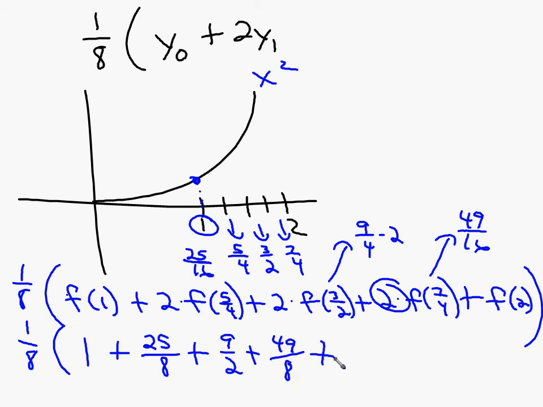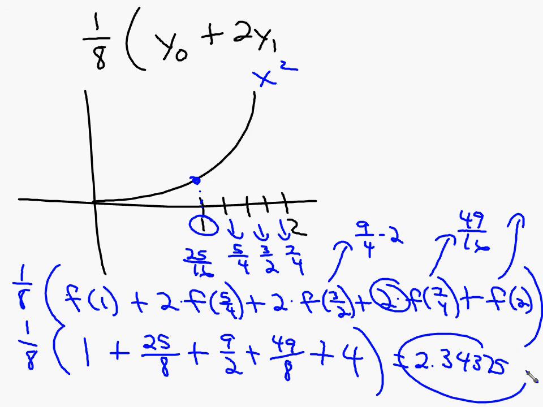Plus f of 2 squared is just 4. Now, when you do all of that and simplify it, I'm just going to save us some time, I get 2.34375. All right, that's what we get when we simplify that.